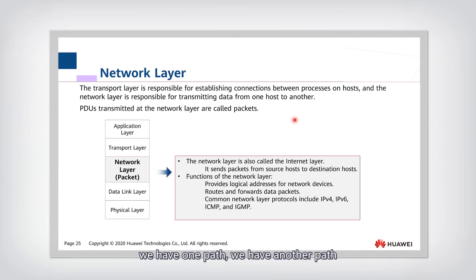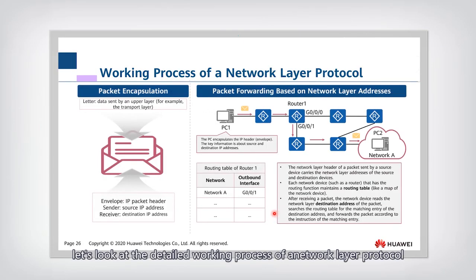We have one path and another path, so the routers can work together to find the best path and transmit the packet along this best path. That means routing. Network layer protocols include Internet Protocol version 4, version 6, ICMP, and also IGMP.